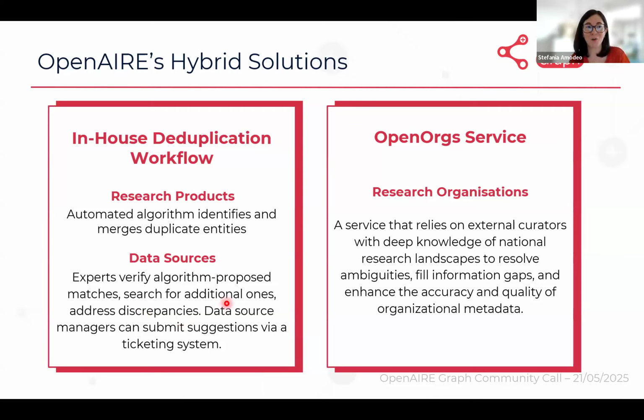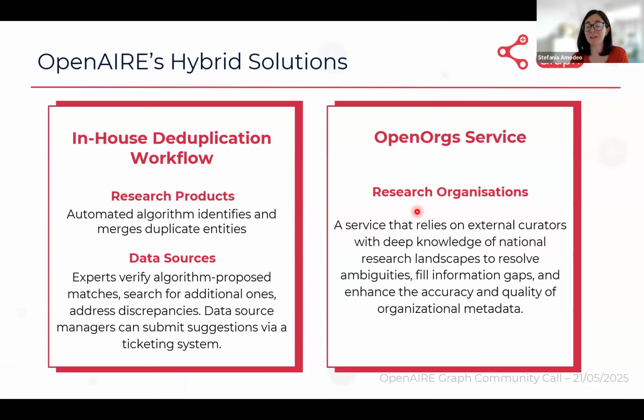In addition, we have a specific service for research organizations that is called OpenORGs, and this starts with the same principle of identifying candidates with our algorithms, but in addition to that, relies on external curators that have a deep knowledge of the research landscape in their country.